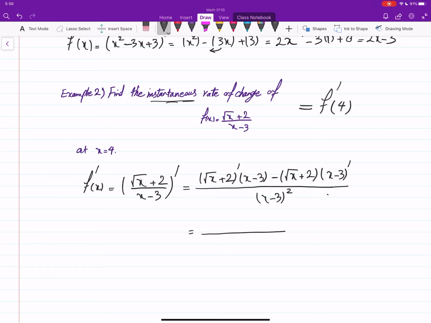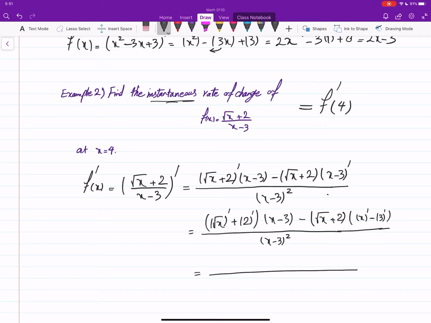The denominator squared is there. So we have the derivative of root x plus the derivative of 2, times x minus 3, minus root x plus 2 times the derivative of x minus the derivative of 3.